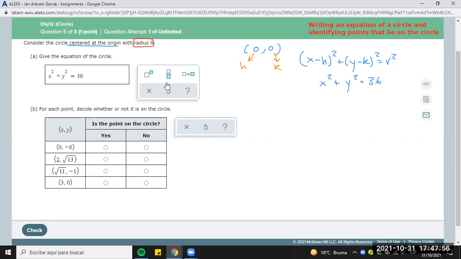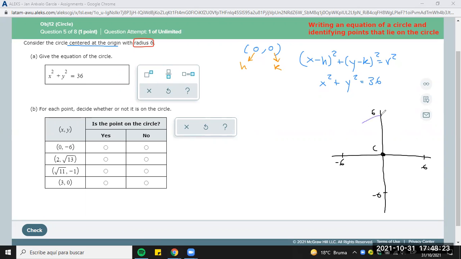Now, this is the interesting part. Let's think about the circle. This is the center at the origin. This is 6, minus 6, 6, and minus 6.